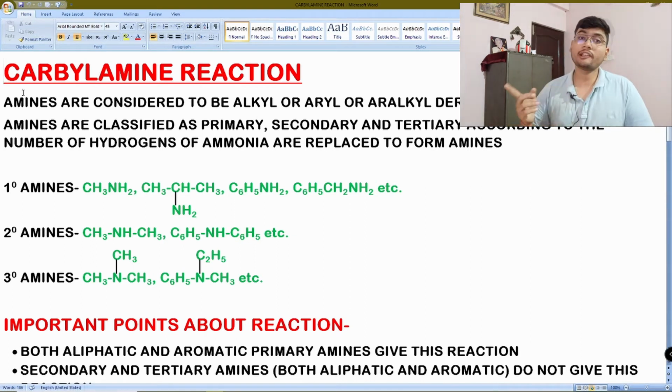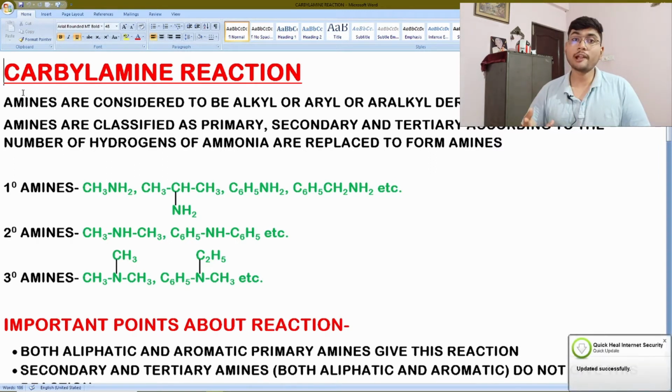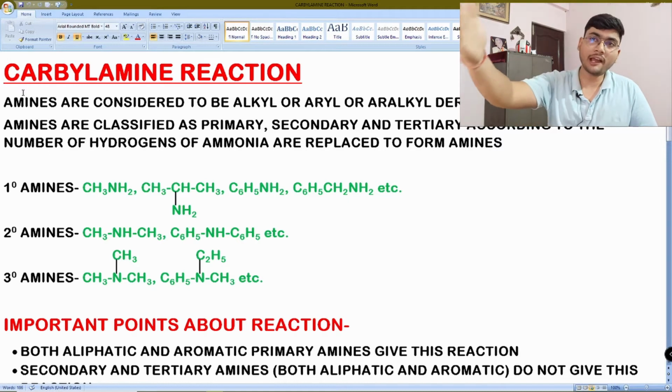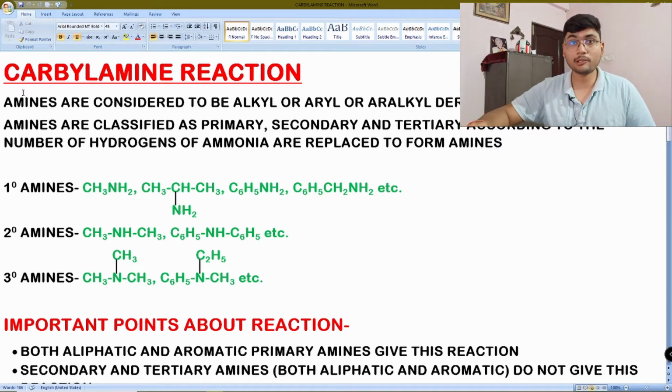If the number of hydrogens replaced is only 1, then it is a primary amine. If 2 hydrogens of ammonia have been replaced by an alkyl or aryl group, it is a secondary amine. And if 3 hydrogens of ammonia have been replaced by an alkyl or aryl group, it is a tertiary amine. I have shown you some examples also, so I will explain from there as well.